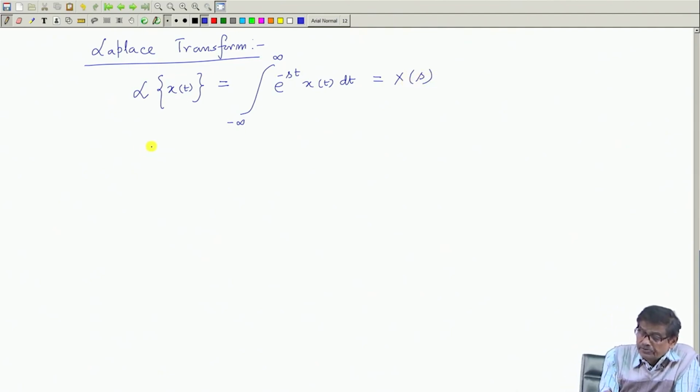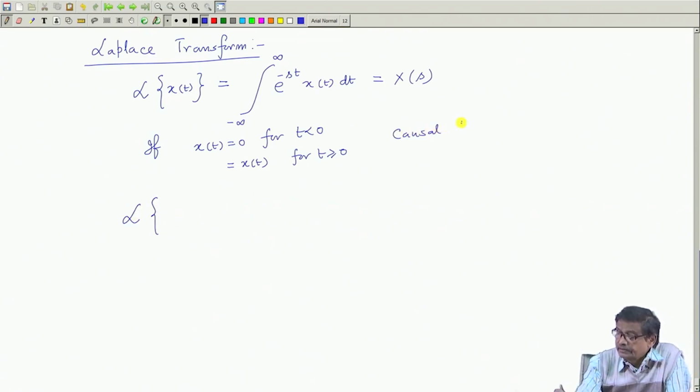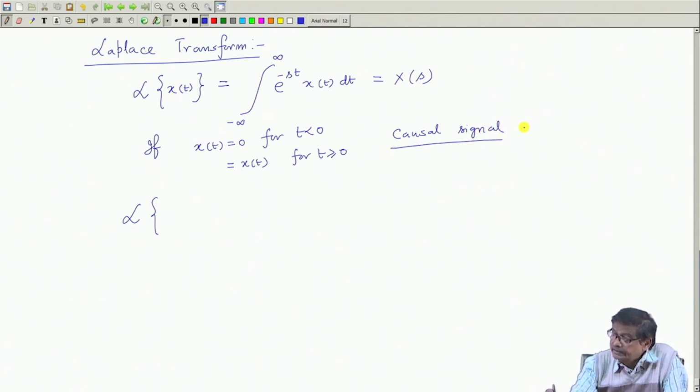But as I told you, if x(t) is equal to 0 for t less than 0 and is equal to x(t) for t greater than or equal to 0, that is a causal signal, which exists for t greater than or equal to 0 and equal to 0 for t less than 0.